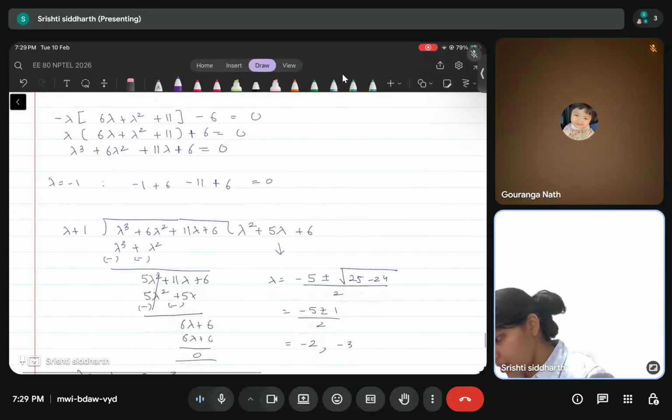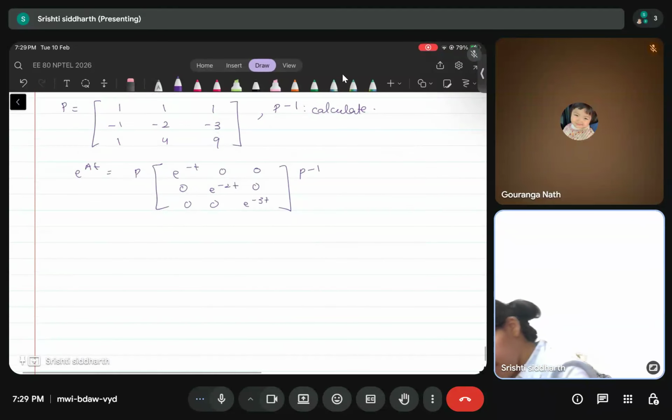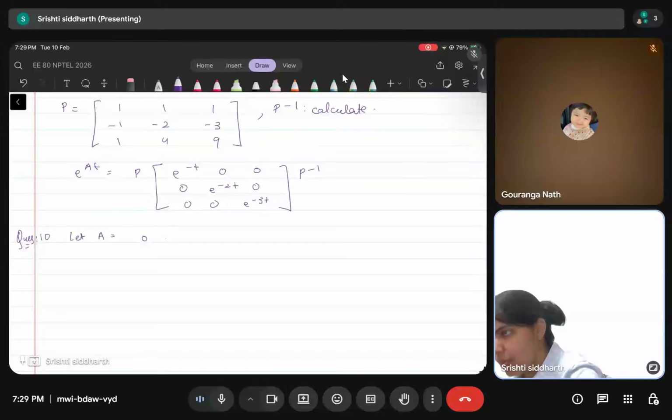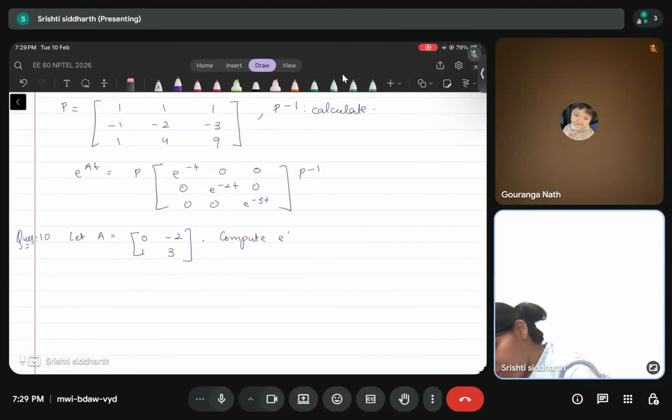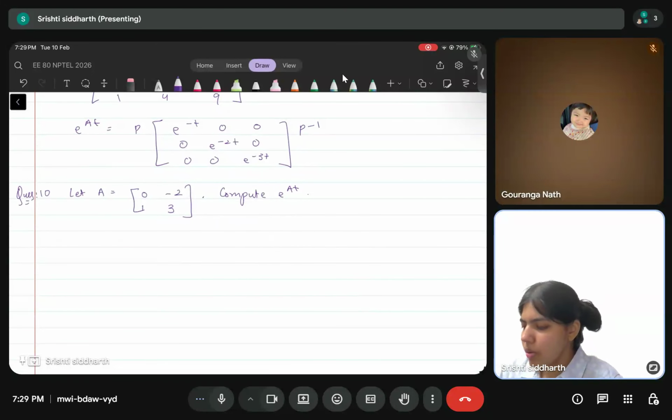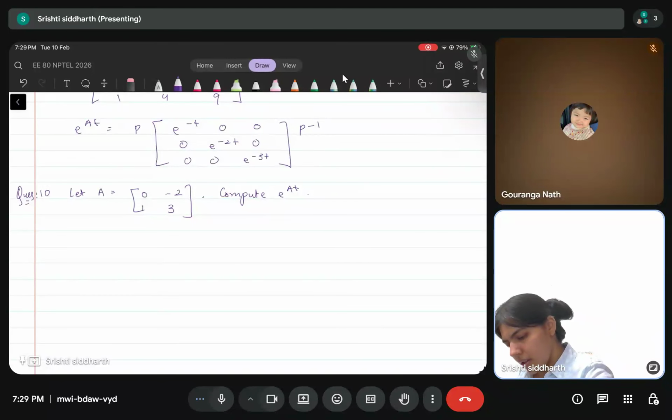And this is question 10. This is like A equals 0, 1, -2, 3. So we will compute the state transition matrix using diagonalization. Let's compute the eigenvalues first.